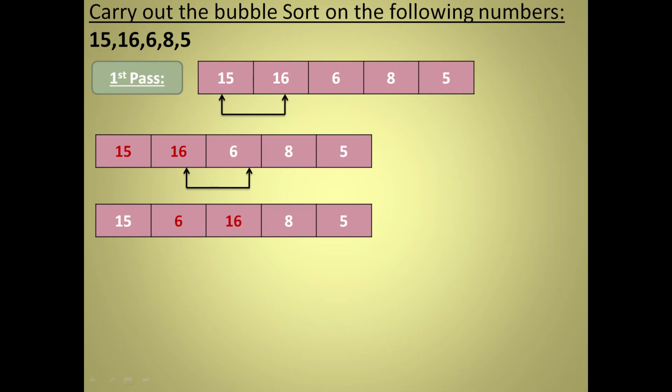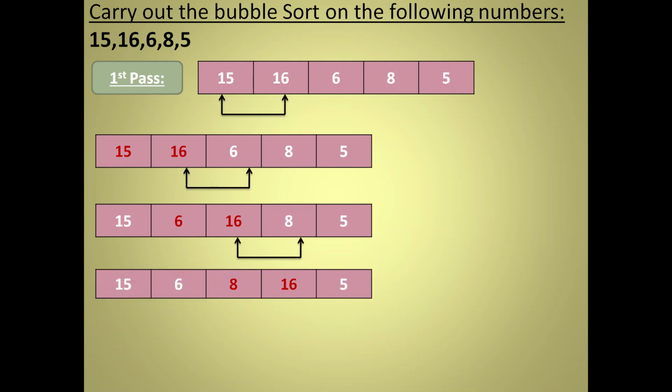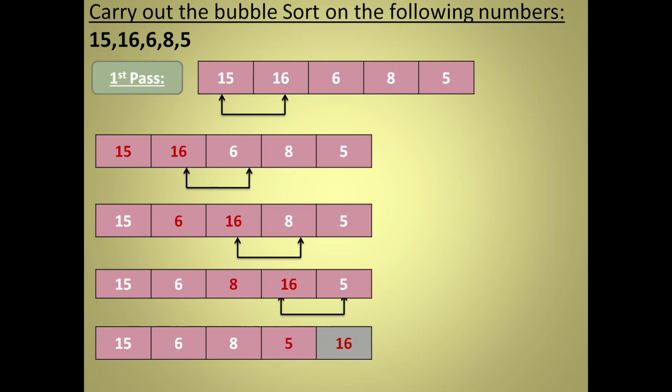Now you will compare the next two positions. 0 and 1 is compared, 1 and 2 is compared, now 2 and 3. You will again see that the numbers need to be exchanged because the smaller number is on the right side. So we'll exchange. We'll continue this till the end.